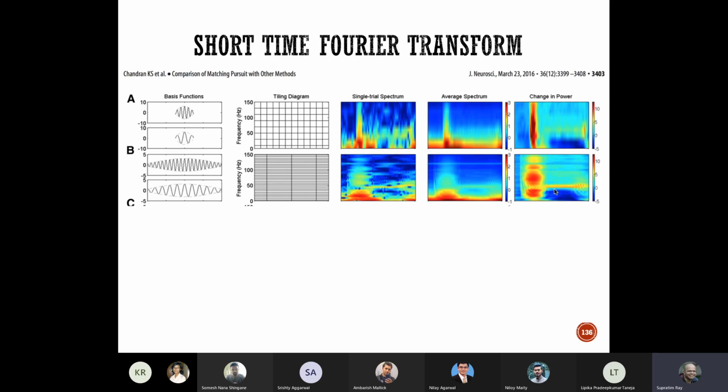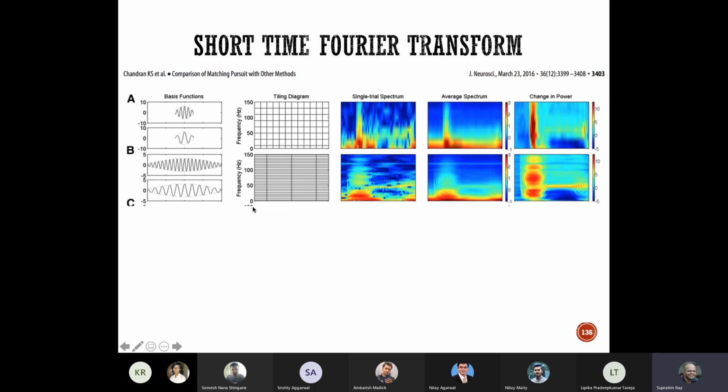So the question is, how is multi-taper method fitting in this framework? Okay, please guess, no easy answers in this one.